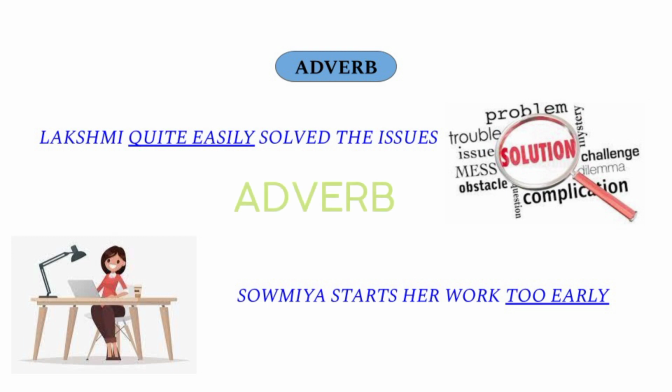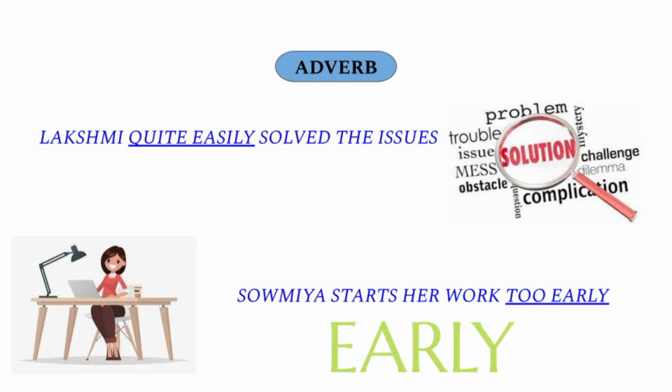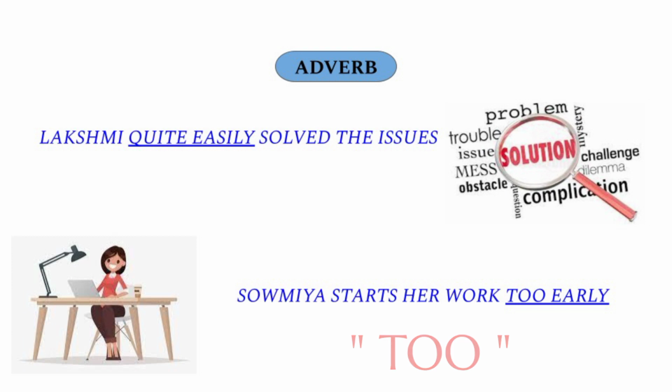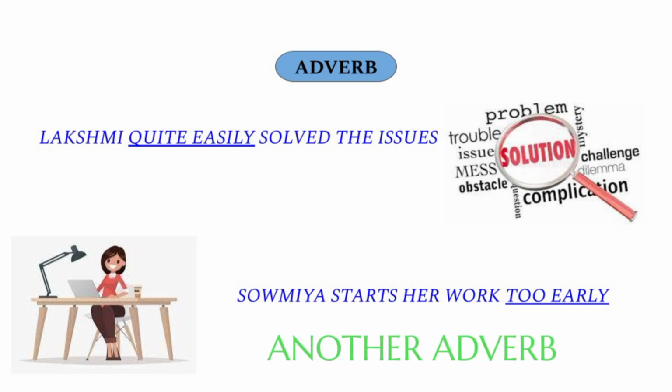So quite is an adverb here and is actually describing another adverb. I will give you one more example: Soumya's thoughts have worked too early. What is the adverb here? Early. But which word describes the intensity? Too. So too is an adverb describing another adverb.